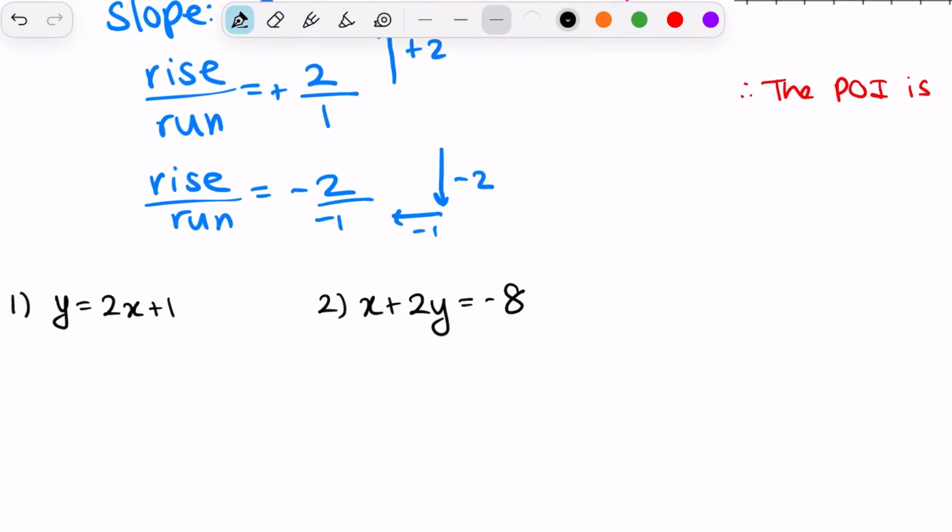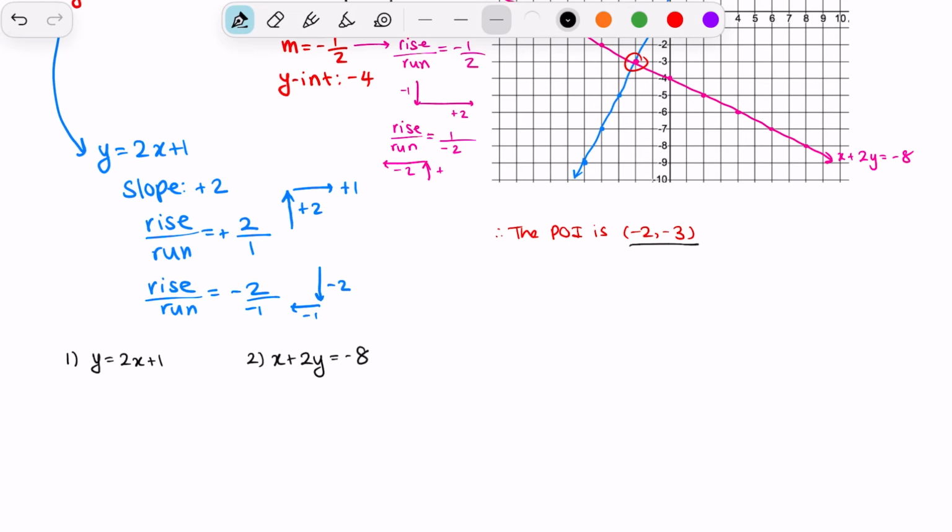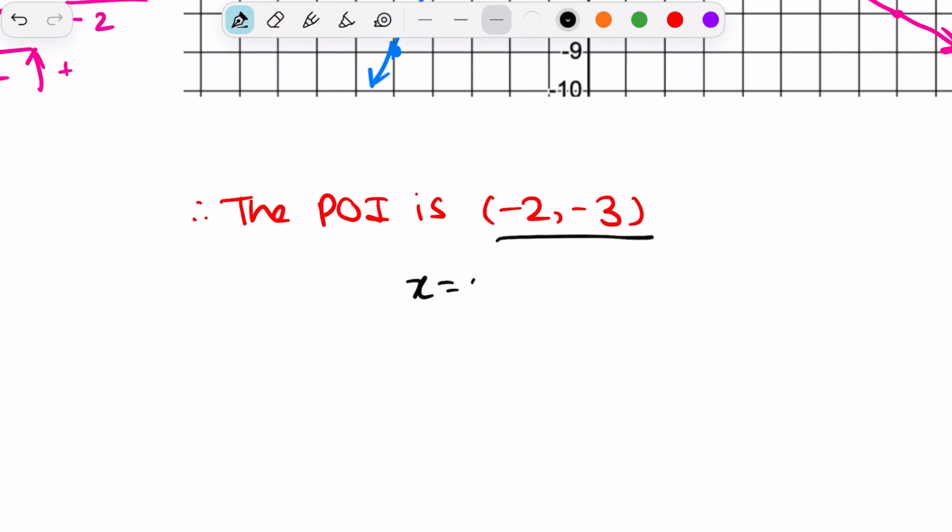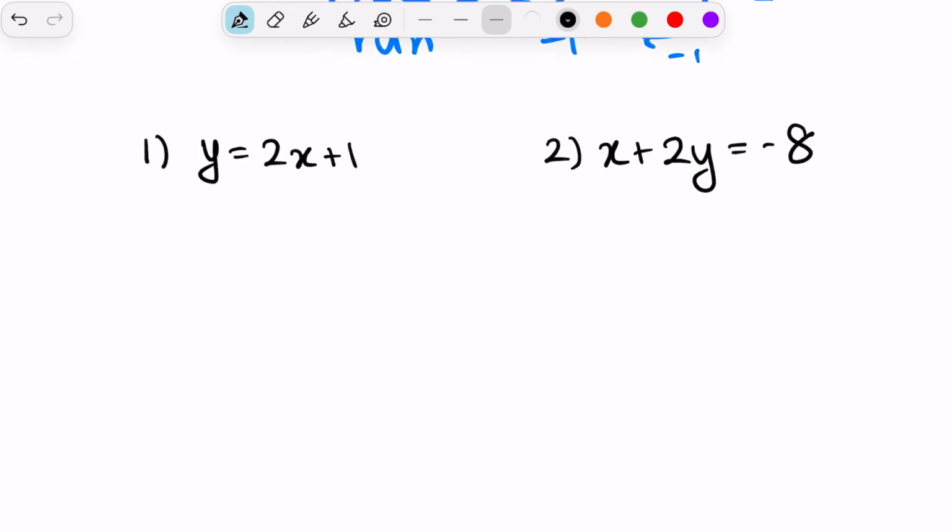So now what we're going to do is we're going to sub in this point into each equation. So x is -2 and y is -3, and we're going to see if left side equals right side.